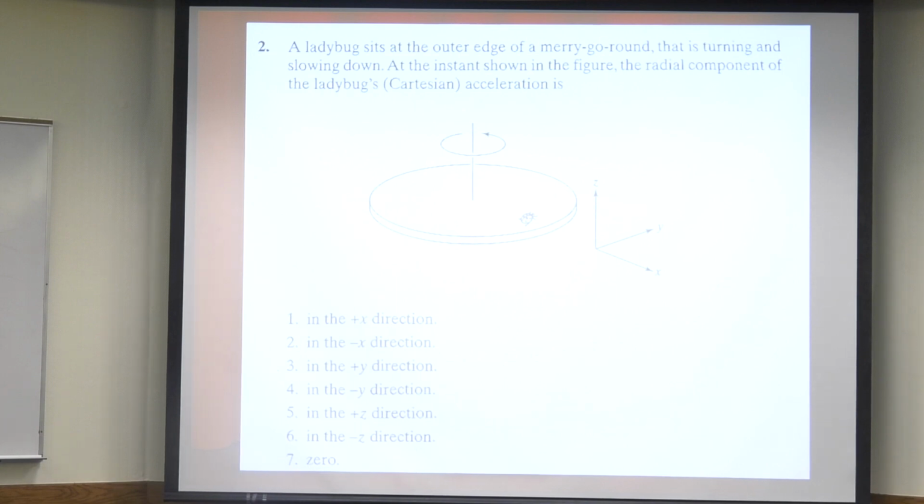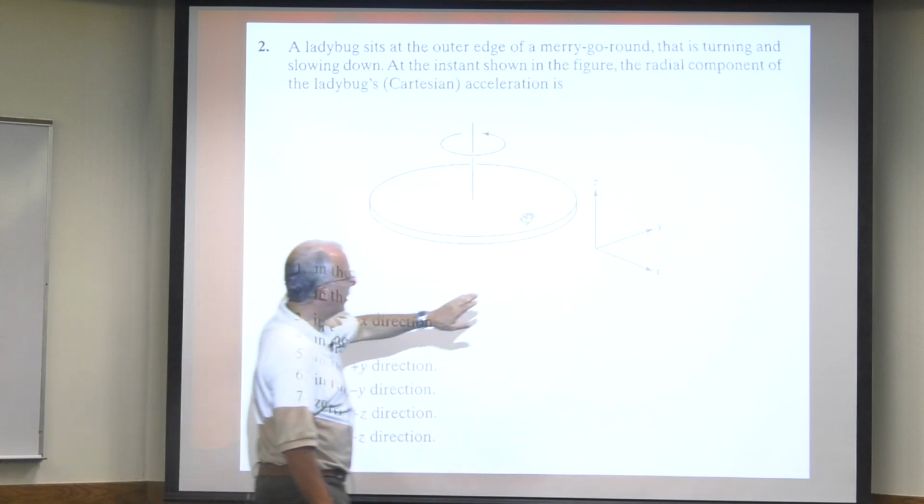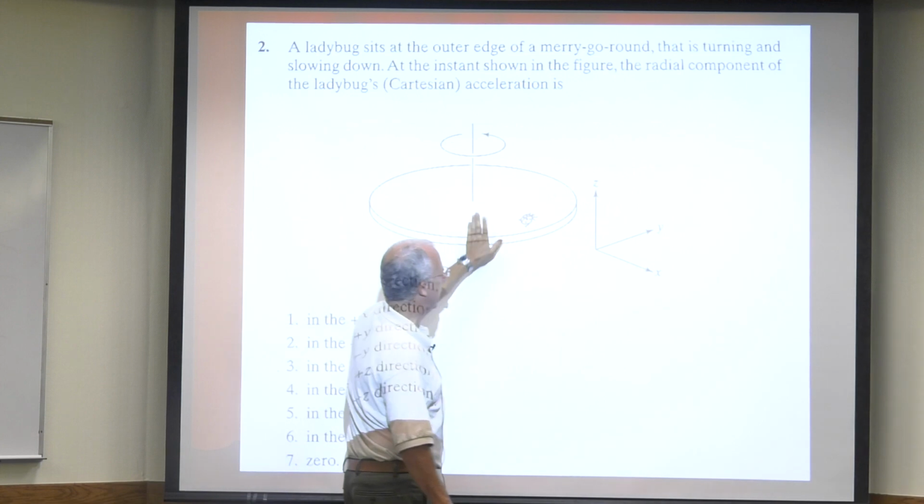Okay, here's a question for you. A ladybug sits at the outer edge of a merry-go-round that is turning and slowing down. So I would underline that, slowing down, right? At the instant shown in the figure, the radial component of the ladybug's acceleration is what? So pause your video and figure it out. Okay, so we're imposing this coordinate system on this disk.